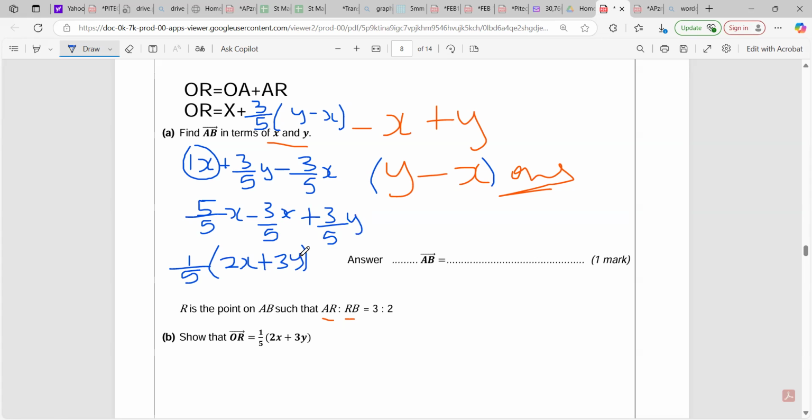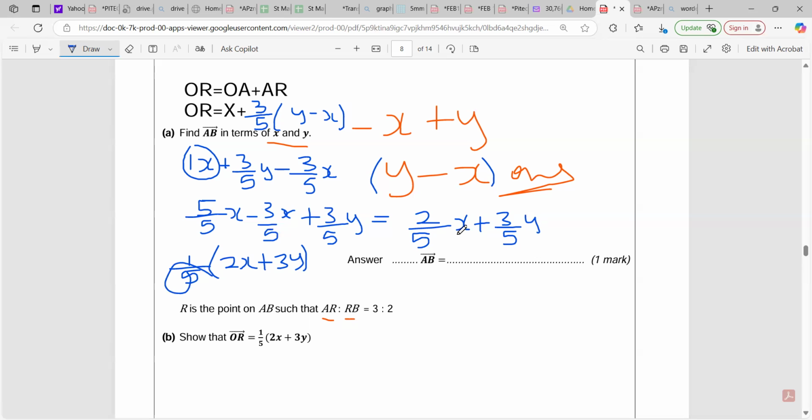Alright, so this we actually try to prove. So now we subtract, right? So this would end up giving us 2/5, as I say. Once you get 2/5 x, I'm going to show you 2/5 x plus the 3/5 y. So all it did was just take out the common denominator, right?